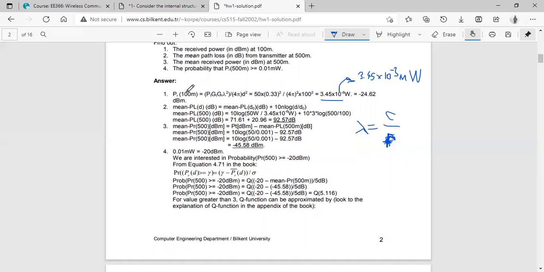Remember, the free space loss model is given by the ratio of the receiver power and the transmitter power, so that is why we use 10 log. This converts the ratio PR upon PT into the dB value. This is your transmitter power divided by the receiver power over here.